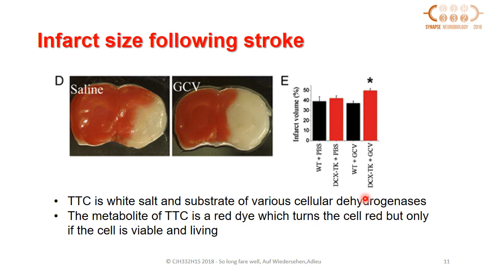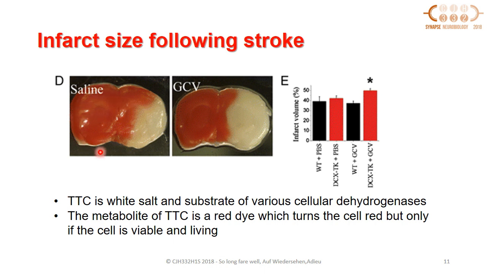So red represents living viable cells. What we see is that we get a stroke, we get the loss of all of these neurons, they can no longer metabolize TTC, and it stays as a white salt. All of this other part of the brain, because we only do the occlusion on one side, ipsilateral, the dye is metabolized to this reddish color.